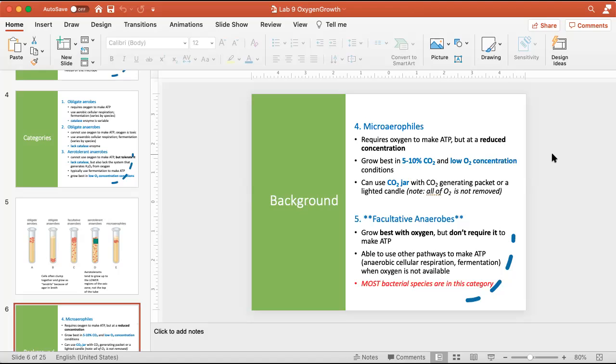Now I've got the fourth and the fifth groups on this slide. Number 4 is the microaerophile. Micro meaning small or low, aero referring to air or oxygen, and phile means love. Remember, hydrophilic means water loving.